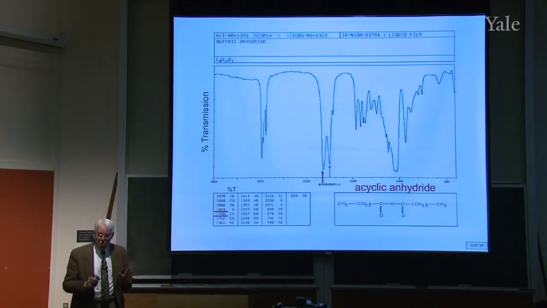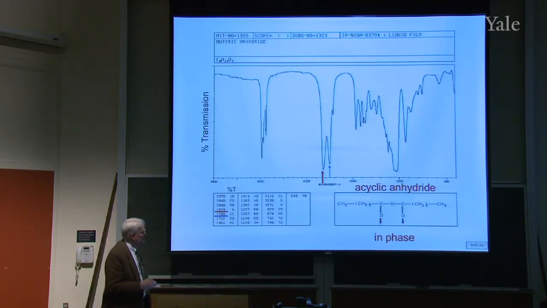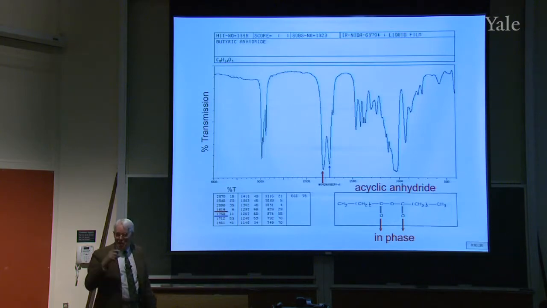So the normal modes, there are two normal modes, both involve both of the CO bonds, right? And we can understand how it would be, because if they're in phase, both stretching at the same time, then the light will interact very strongly with it, okay? Because both of them are being stretched by the same direction of the electric field of the light. So, and it turns out that that's difficult to do. It's difficult to stretch them both at the same time.